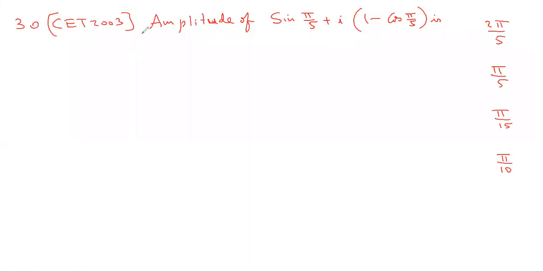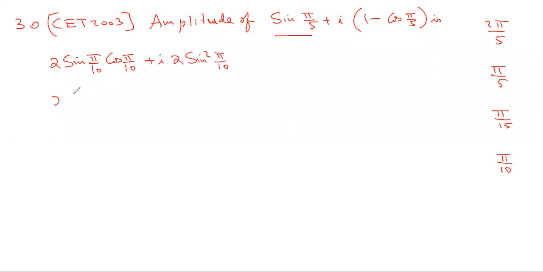To get the amplitude, we need to convert this into cos theta plus i sin theta form. Actually, there is no need of converting. We have a direct formula. sin pi by 5 is 2 sin pi by 10 cos pi by 10, and i into 1 minus cos pi by 5 is 2 sin square pi by 10.